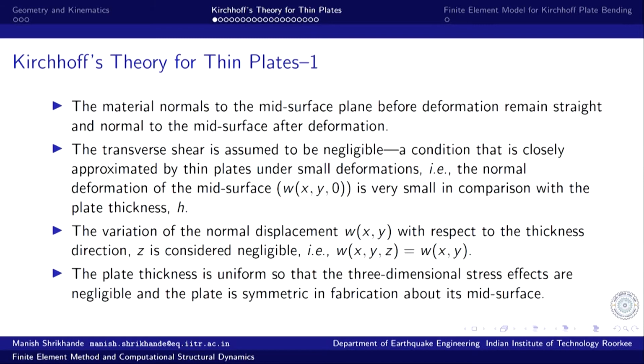So, that 3 dimensional stress effects are negligible and the plate is symmetric in fabrication about its mid surface. So, all the beautiful symmetric geometry, similar triangles that we use for derivation of the flexural formula, those are all applicable.